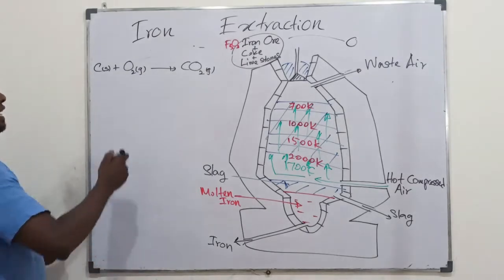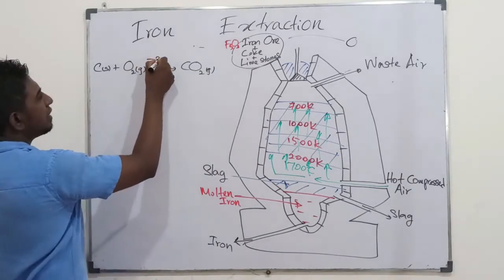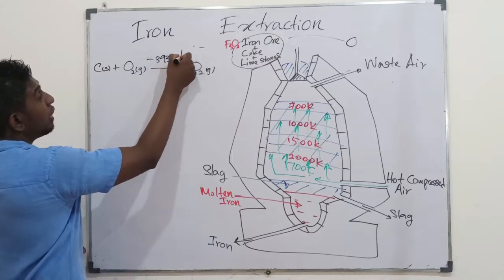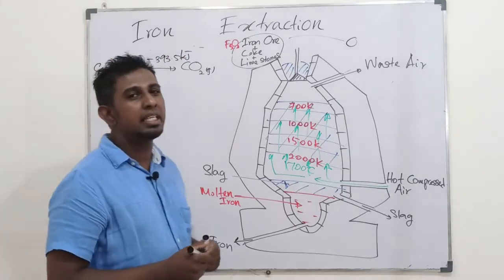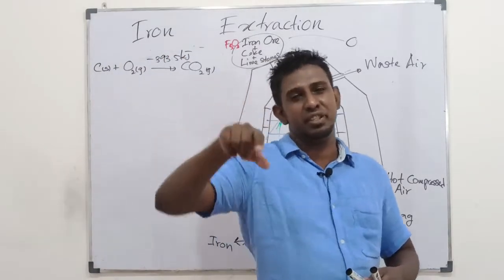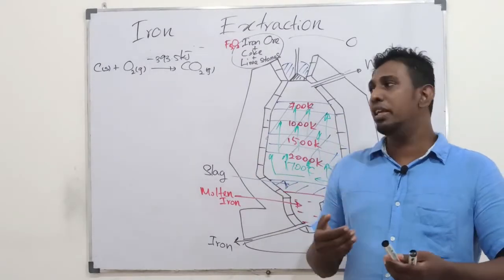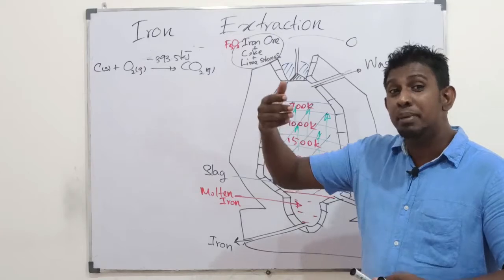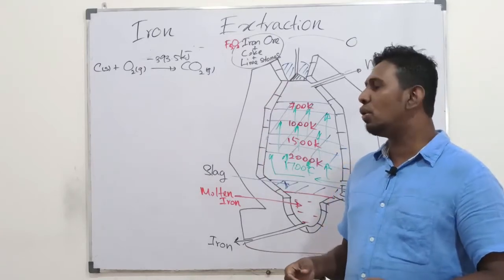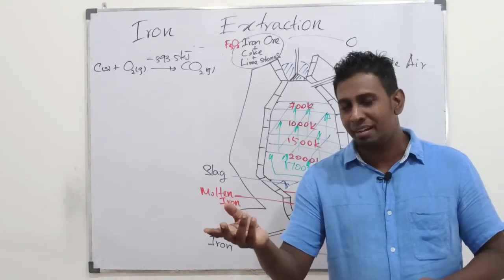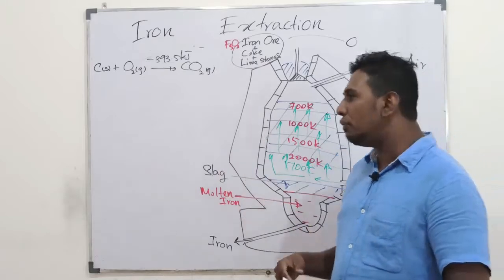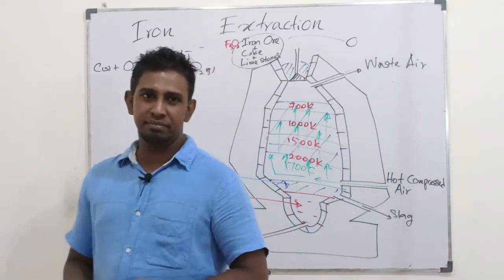It is an exothermic reaction, minus 393.5 kilojoules per mole, the amount of heat released by 1 mole. This huge amount of heat means more and more coke would get burnt, as all the oxygen would be used up, so it gives a lot of heat.